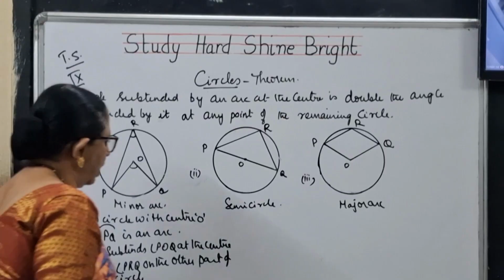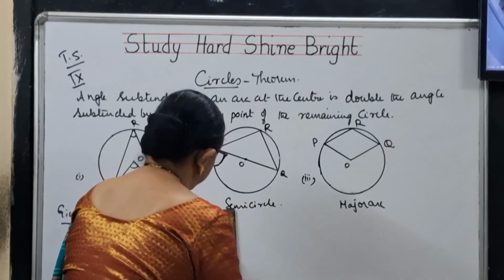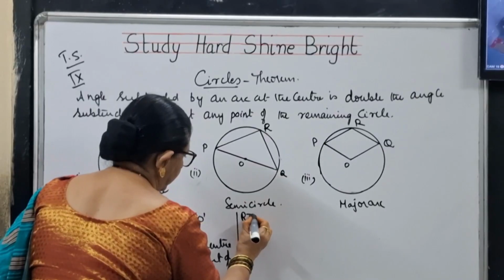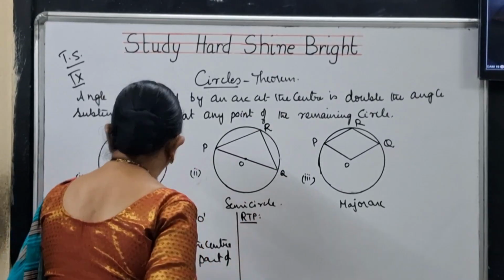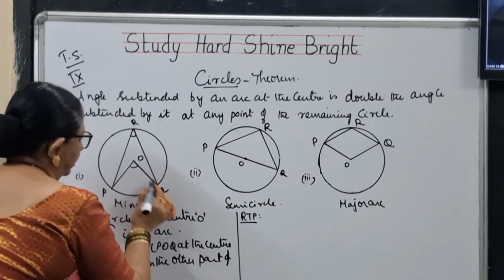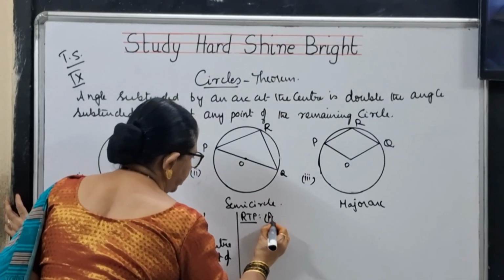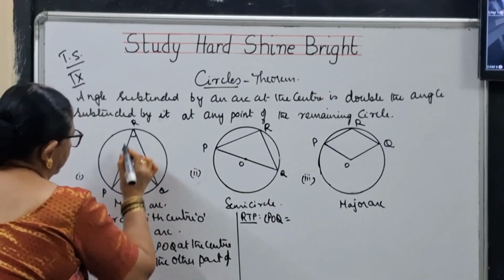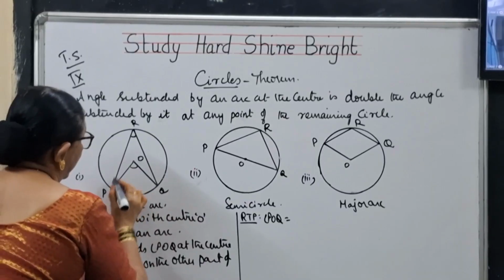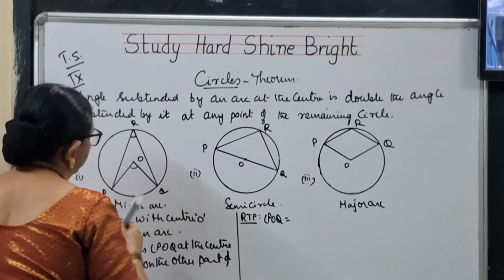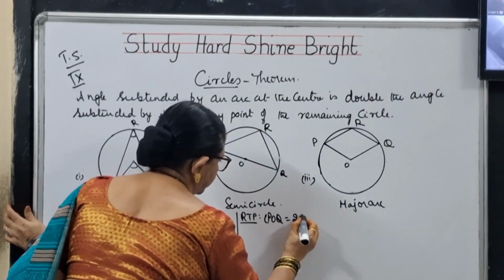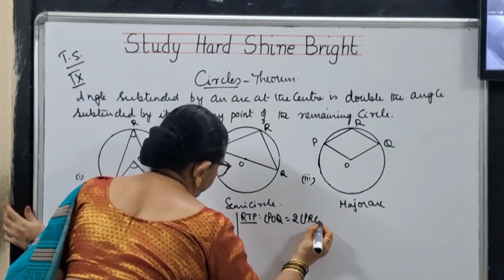Now, what is RTP, children, here? RTP is, you have to prove that the angle made at the center, that is angle POQ, is double that of the angle made by the arc on the other part of the circle, that is 2 times angle PRQ.